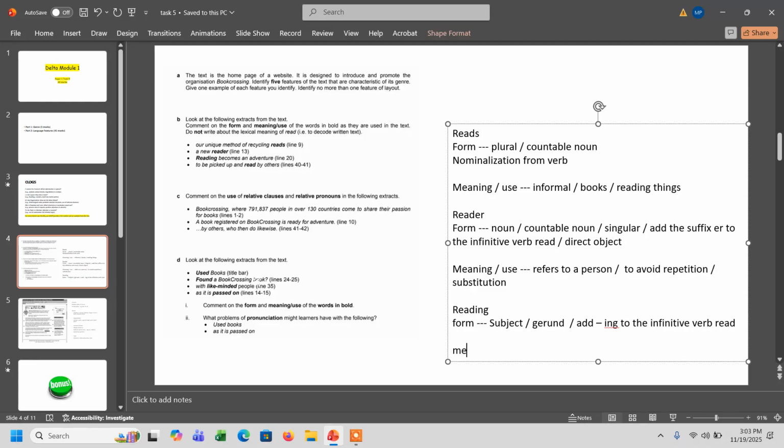Meaning and use: it acts as a noun, right? We can also say nominalization. Write down as many points as possible. Nominalization. And anything else?